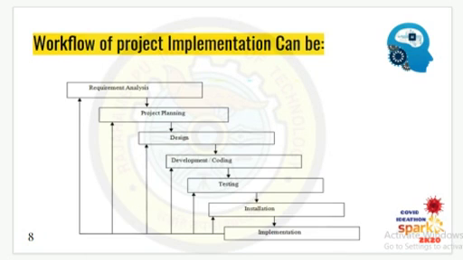Then we will move to testing, and finally we are going to install it. But after installing, we have to study whether it is working or not. So we will move to implementation, and if there are some errors, we will move back to the other steps.